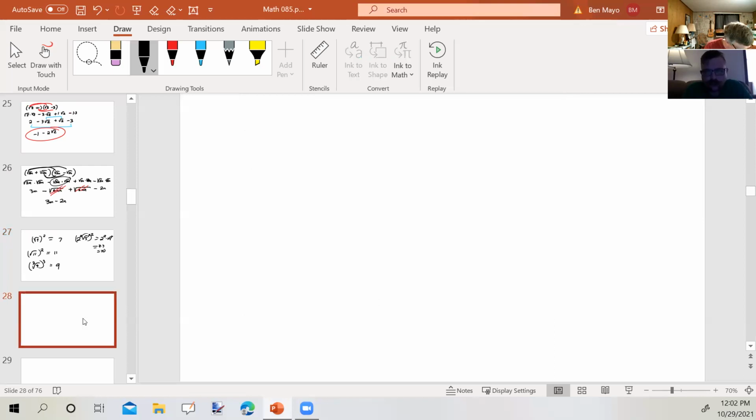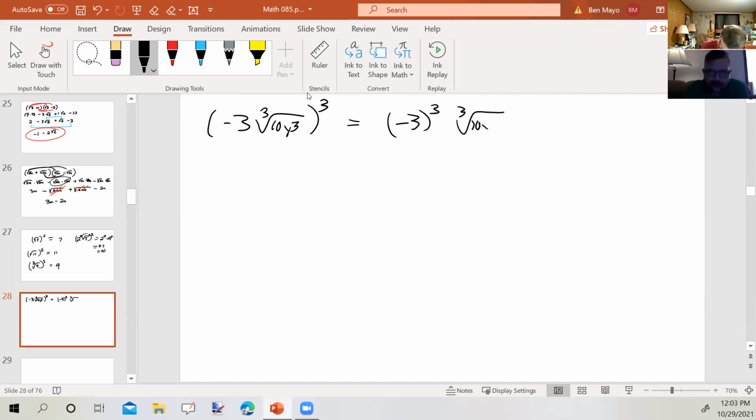Okay, how about this one? -3 cube roots of 10y cubed, the whole thing cubed. So that's -3 cubed, the cube root of 10y cubed. Okay, so in other words, I've got 2 factors inside.